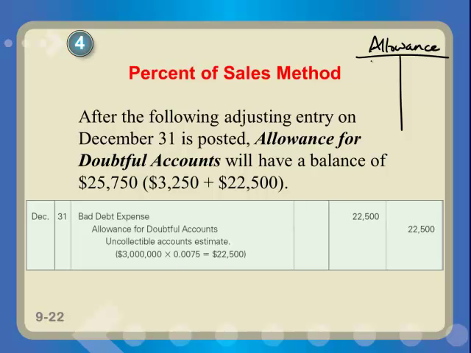But when we do our example, we're going to take that into account. We're going to figure out what we want this to be and make it that. So this one apparently had a balance, and we added $22,500, and now it's got a balance of $25,750. So their allowance on their balance sheet would actually be $25,750.